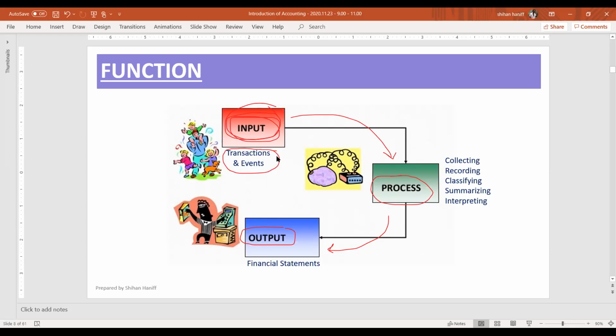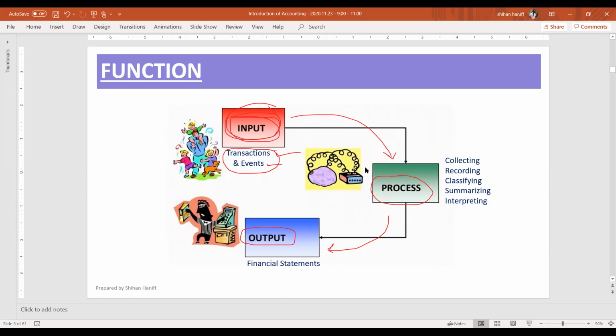We need to know what is meant by a transaction and what is meant by an event. There are some past paper MCQ questions asking what is the input of accounting, and you will get different answers. You need to say the input of accounting is transactions and events.